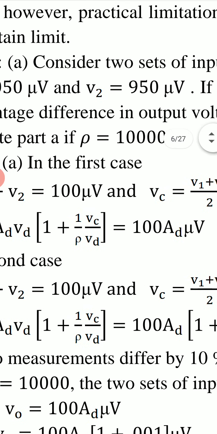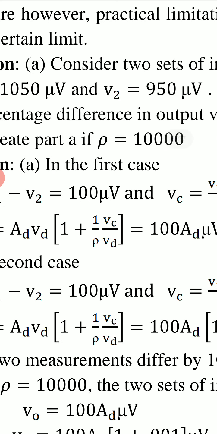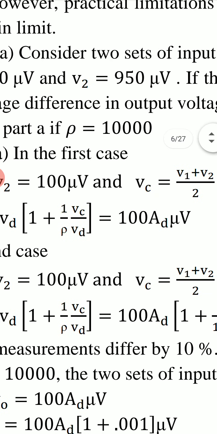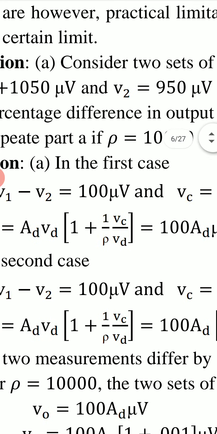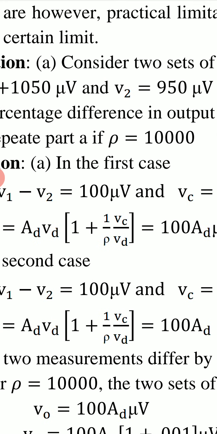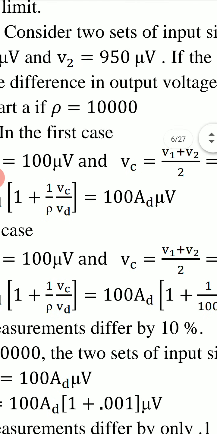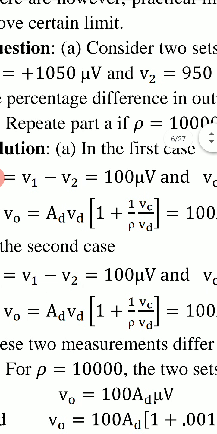As Vc is equal to 0, the second term inside the bracket becomes 0, and we have output voltage Vo equal to 100 Ad microvolt, since Vd is 100 microvolt.